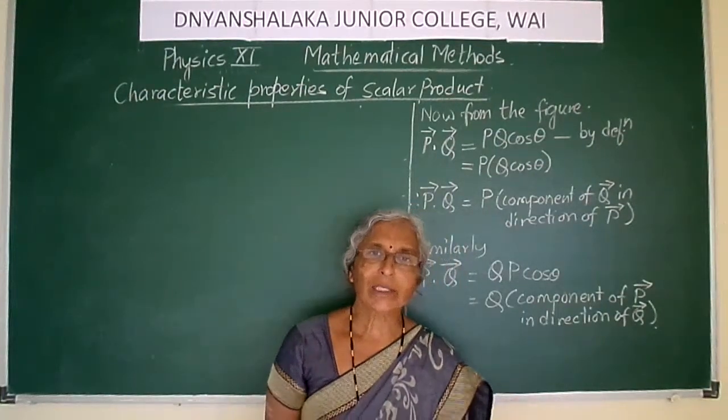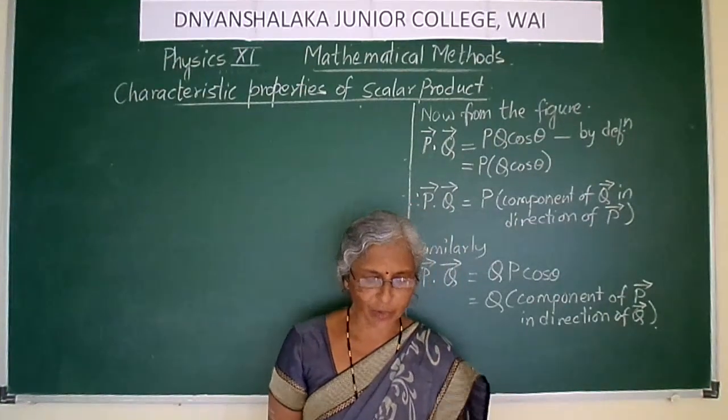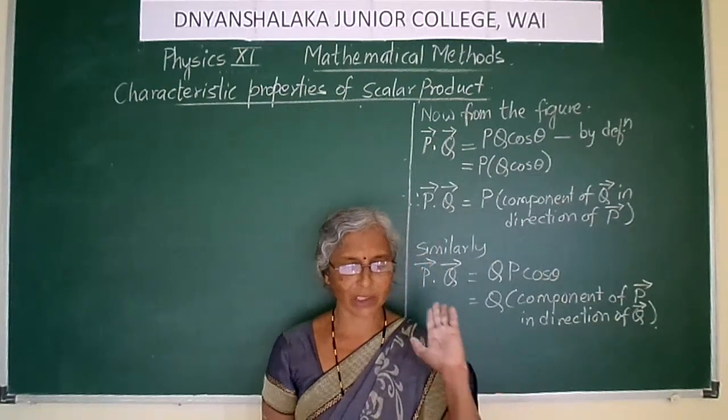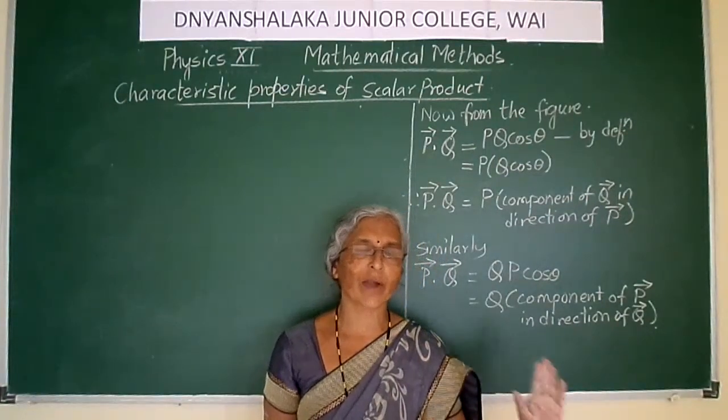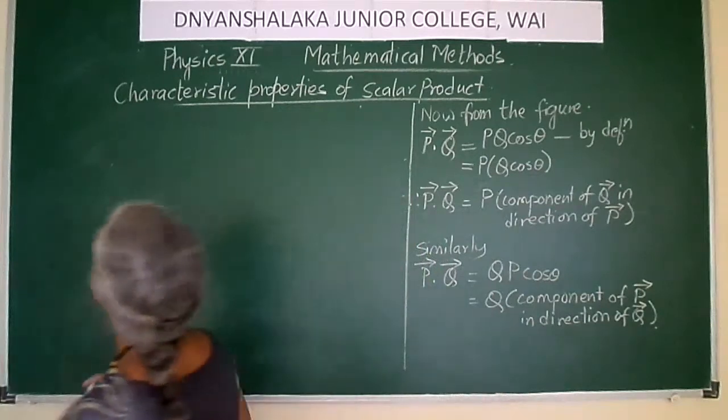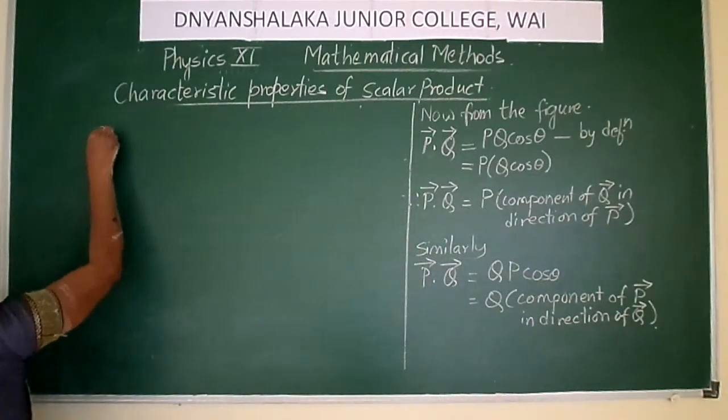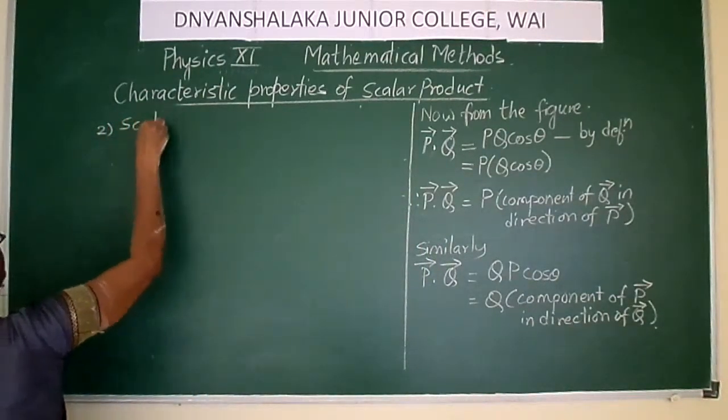Then, the second is scalar product of two vectors obeys commutative law of vector multiplication. Second important characteristic.